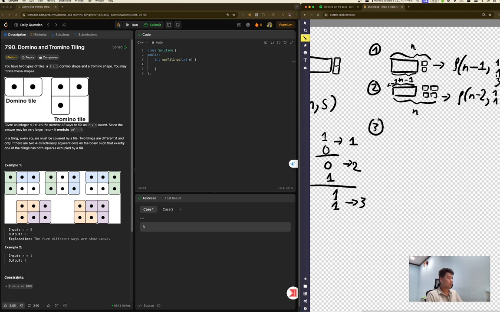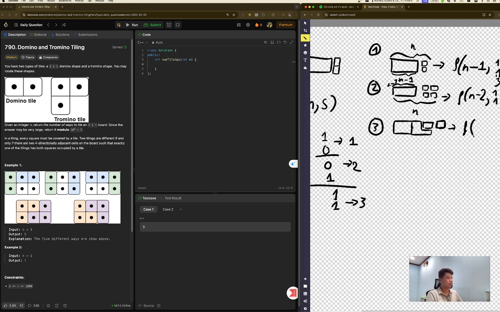And the third case, we put the domino 2 by 1 on the top, but we don't place the same at the bottom, and the only case we have is like this, because this is the only case that you can fill it. In the future with 1, you can fill it like this, right? So this is another case.